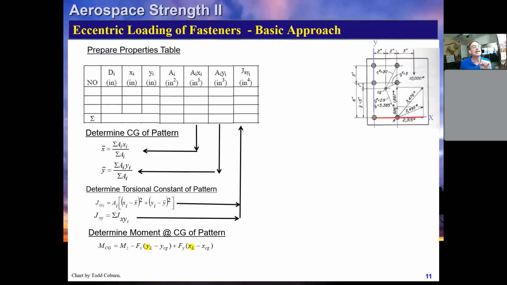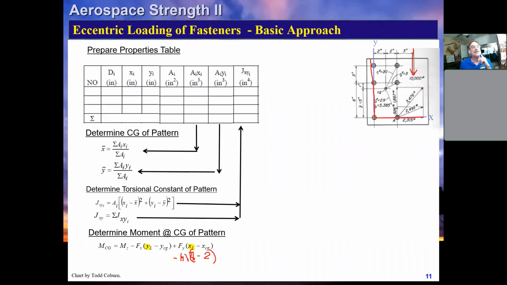Now, once again, if this is our X and this is our Y and this is our force, then what is the X position of the force? In our coordinate system, our X position is just going to be 7. So that means we're going to have 7 minus XCG, which we found to be 2, times any Y force, which is negative 10K, right?